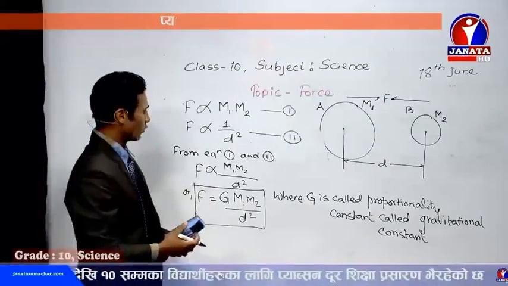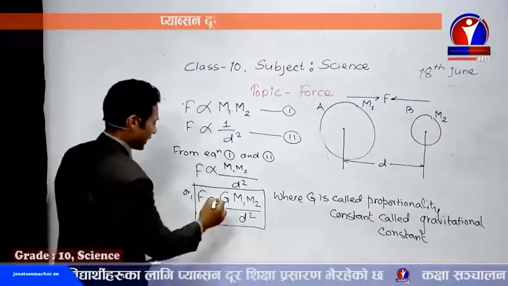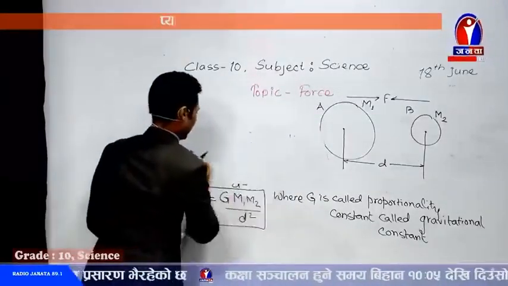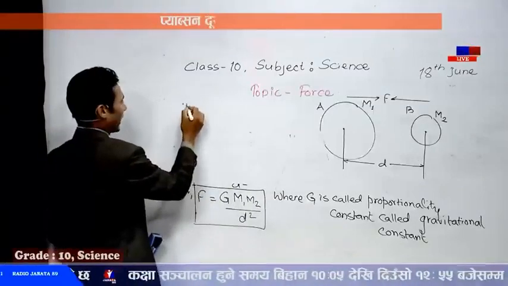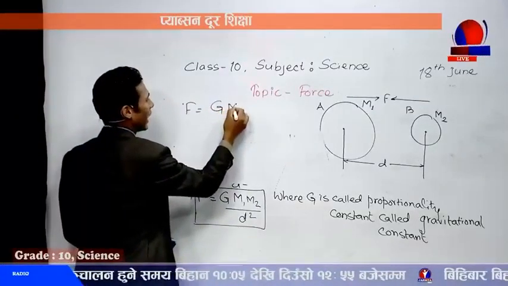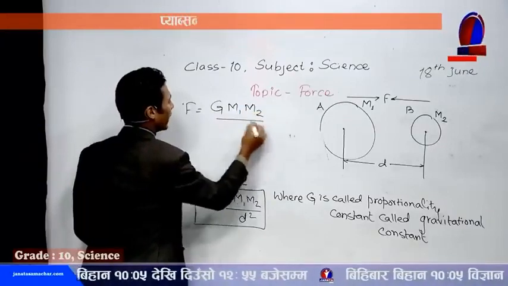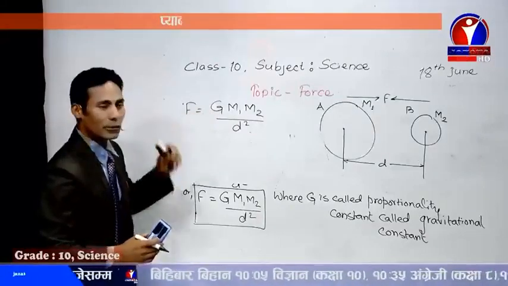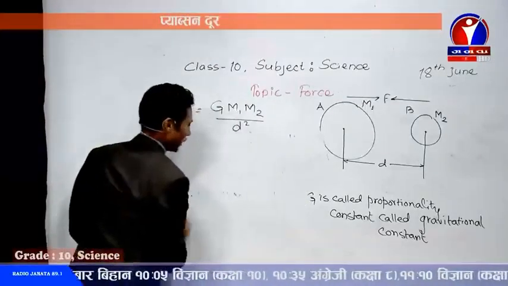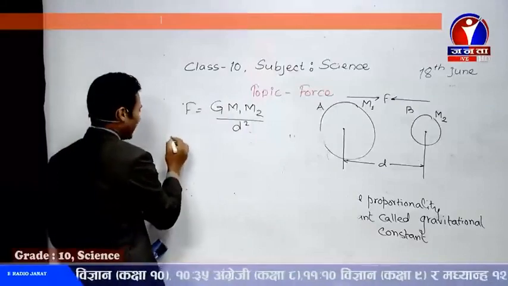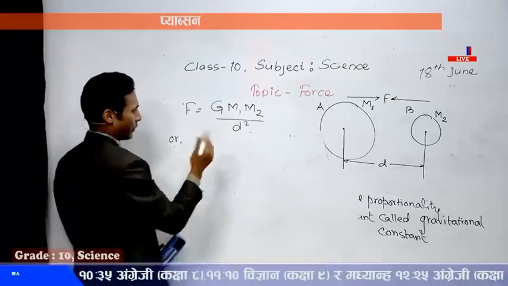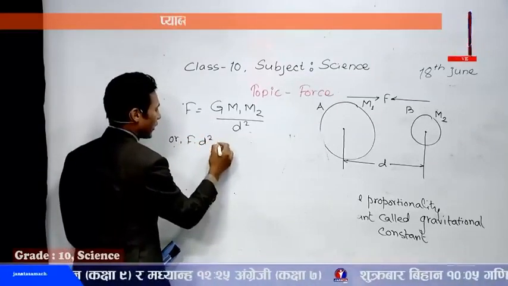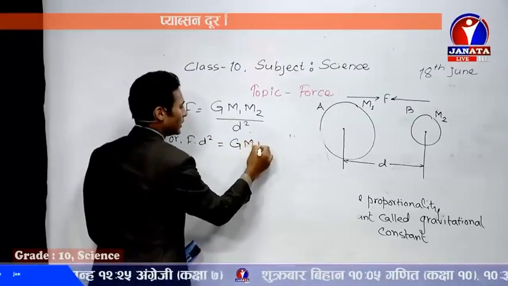Now, so what is this G? Let's define this G now. Okay, let me write down the formula once again. F equals G m1 m2 by d square. We are going to define this capital G. For defining this, let's solve a few steps. Let's separate this G. So can we write F into d square equals G m1 m2?